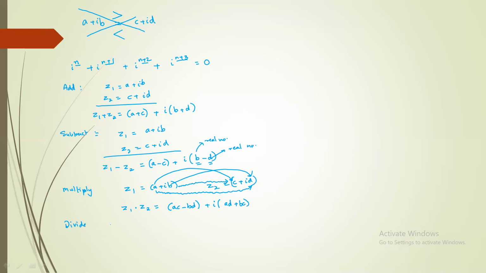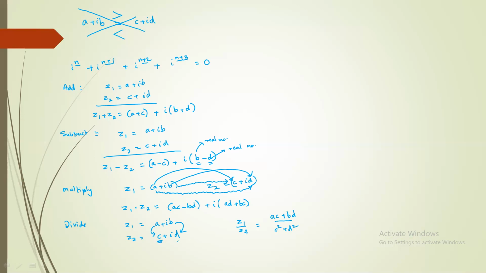Similarly, dividing. If you have Z1 as a plus ib and Z2 as c plus id, and you are dividing Z1 by Z2, then the shortcut form is: in the real part you have ac plus bd, and the denominator is c square plus d square.